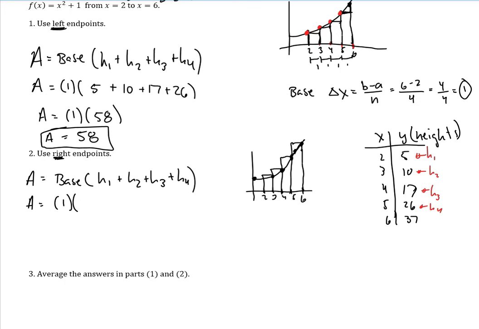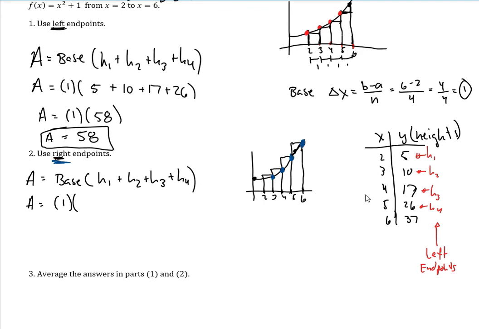Okay, so those heights, we can use this table one more time. The heights for the right endpoint, so I'm going to label these here. These are our left endpoints. What I want to do is the right. Well, the right, notice I don't start at 2, but I start at 3. And then I have 4, 5, and 6.